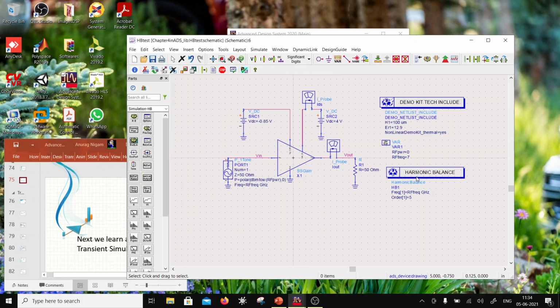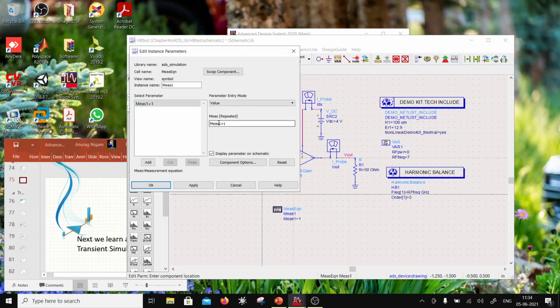Okay, so now I'm ready to write some measurement equations. Here in the same simulation controller, you will find measurement equations. A little bit about parsing here. I'll just open this. I can do it this way, or I can have a standard representation. So I can put here a name, P out, so I want P out, right?